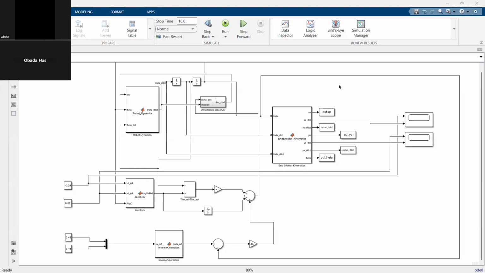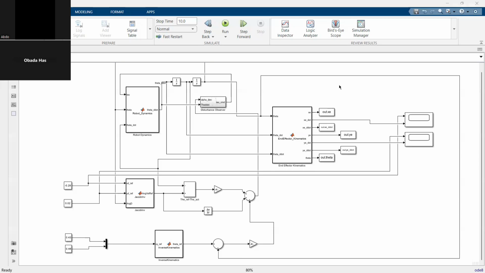The controller uses this error to generate the torque command. After that, the command goes to the robot dynamics block. This block calculates the joint acceleration. Then the integrators give velocity and position.